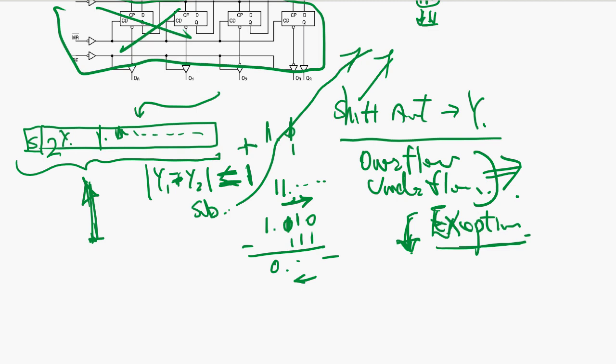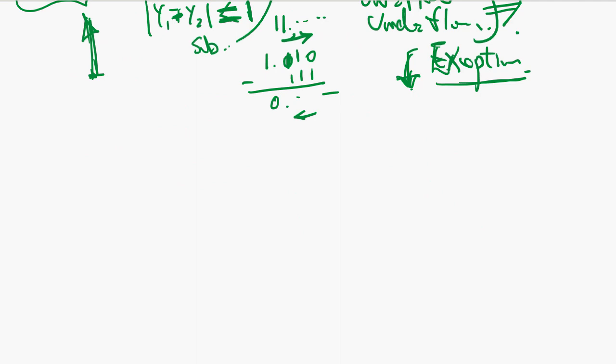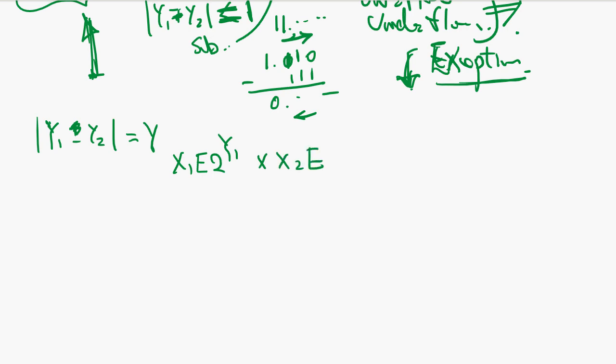So we're talking about multiplication next. Multiplication is y1 plus y2, and this is going to be the new result y, right? The sign: if both are positive, or both negative, it's positive; if one side is negative, it's negative.